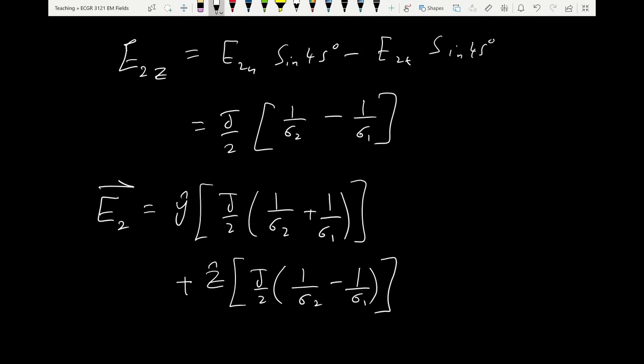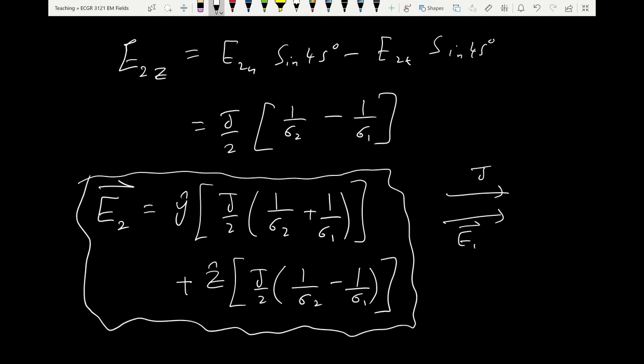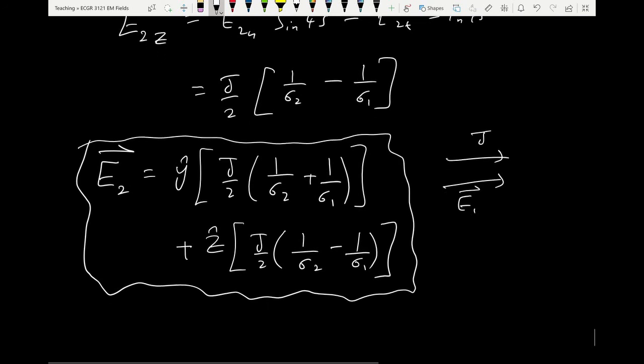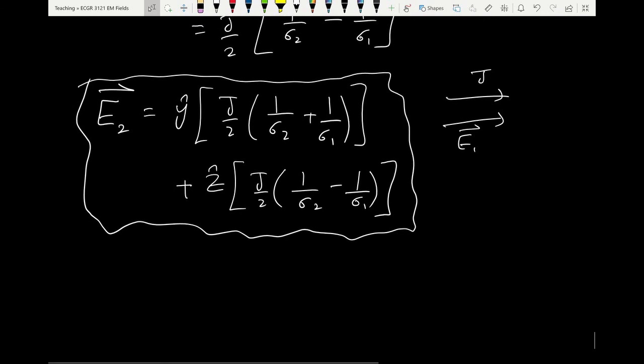But if the conductivity is different between these two materials, then E2 is going to be slanted compared to E1. E1 is going to follow J, like J is in this direction, E1 will be in this direction. J gets refracted, and in the same way, E1 gets refracted, and this is the form of the electric field right after the interface. All right, thank you guys.